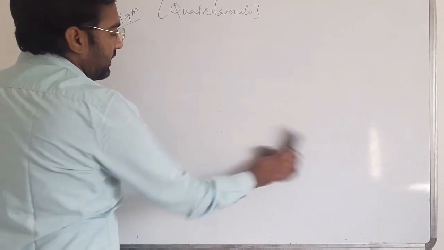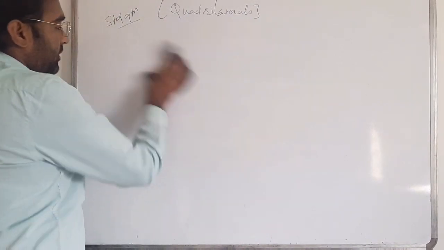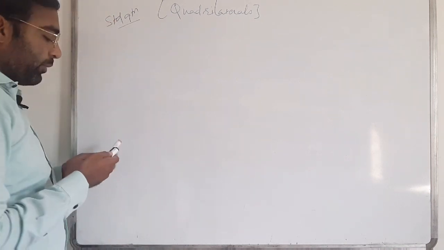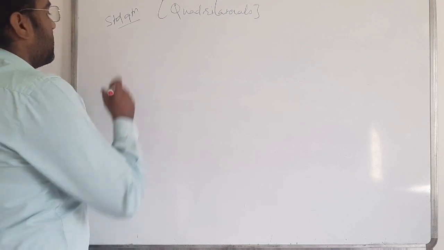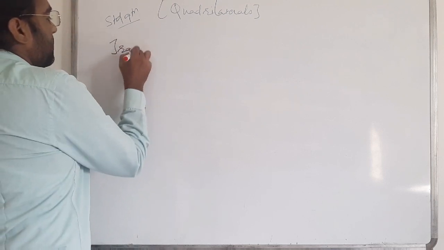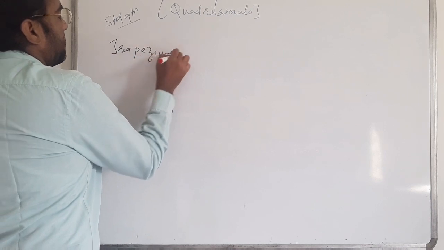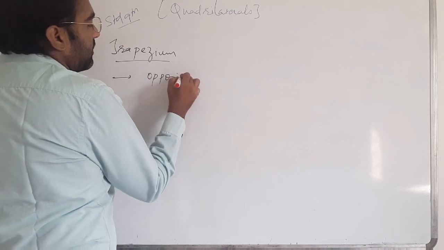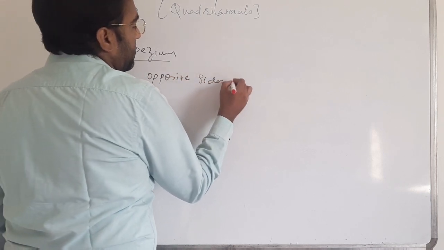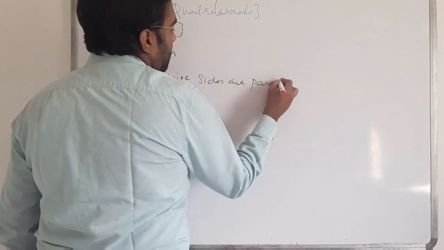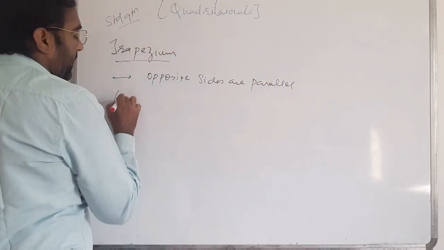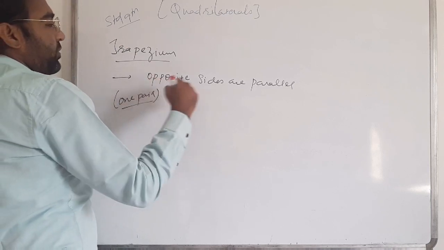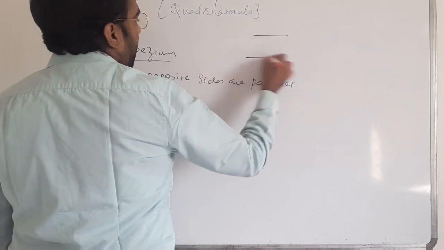First of all, before starting the exercise, I'll tell you about the trapezium, the properties of the trapezium. In a trapezium, one pair of opposite sides is parallel, like this.